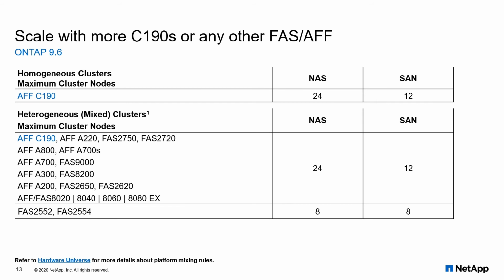For example, it makes future upgrades easy by just adding the new nodes in, migrating the workloads without changing any configurations, and then retiring the old units. The table here highlights that no matter whether all the nodes are AFF C190s or a mixture of platforms, you can take full advantage of the recommended cluster sizes, demonstrating that although this has an entry-level price point, it still delivers with enterprise-grade scale-out capabilities.